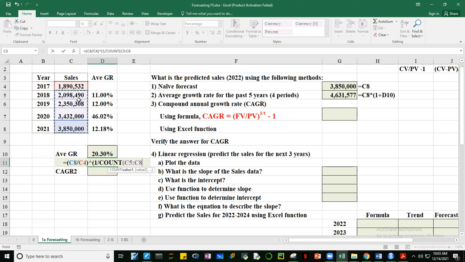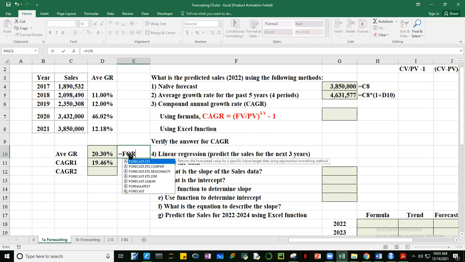This is important, guys, especially kung mahaba yung time series nyo, kung umaabot, let's say, ng 50 years and 60 years. Mahirap kung i-count nyo pa manually, so count function na lang. Just highlight 1 less. So that takes care of the raised to the 1 over t, and then magma-minus 1 tayo dito. Minus 1, control enter. There you go.